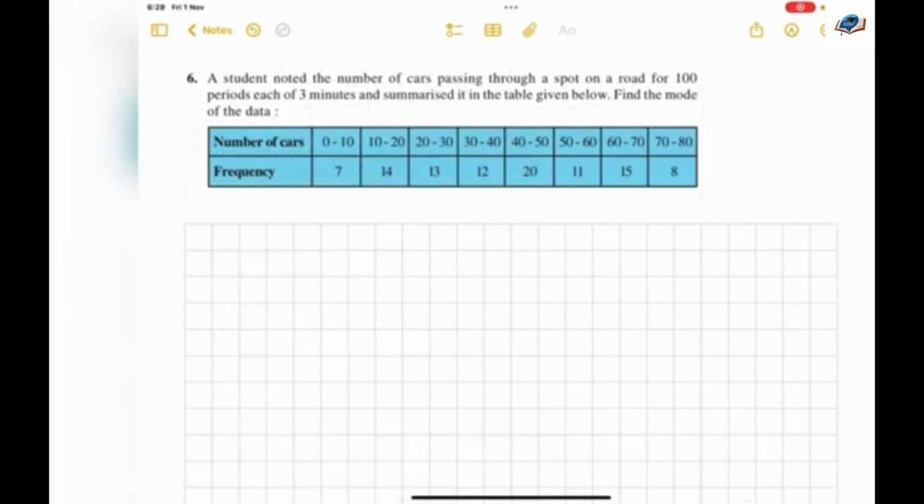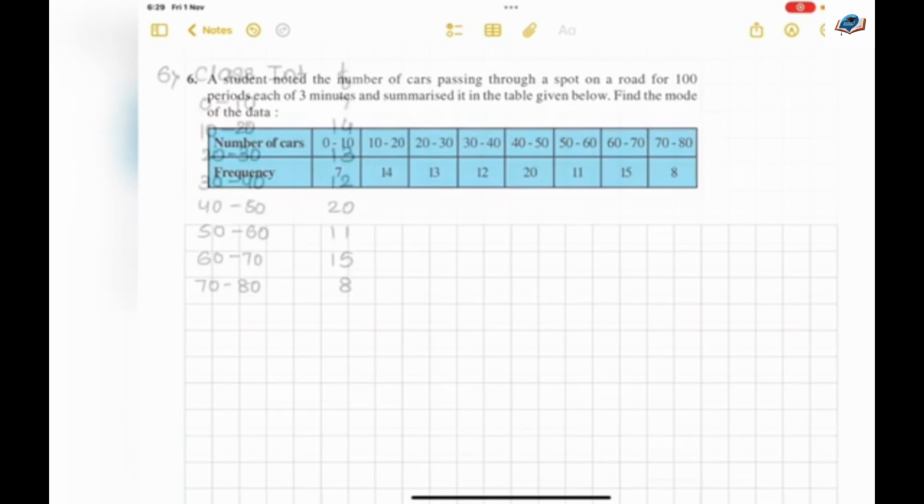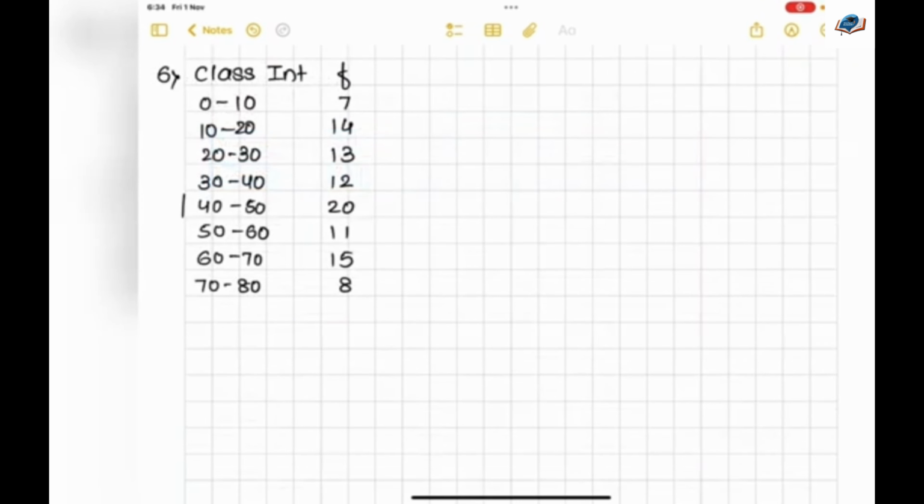Now next question says the student noted the number of cars passing through a spot on a road for 100 periods, each of 3 minutes, and summarized it in the table given below. Now, here the maximum frequency is 20.